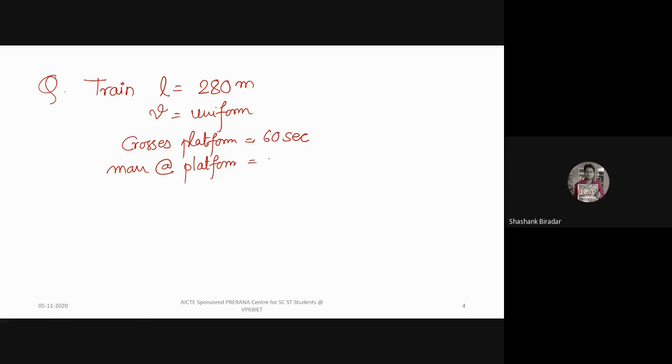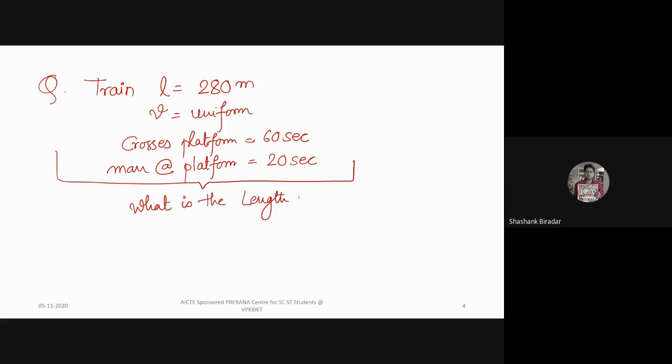It passes the complete platform in 60 seconds. By this data, it has been asked what is the length of the platform.